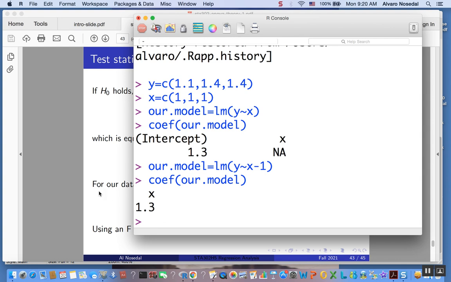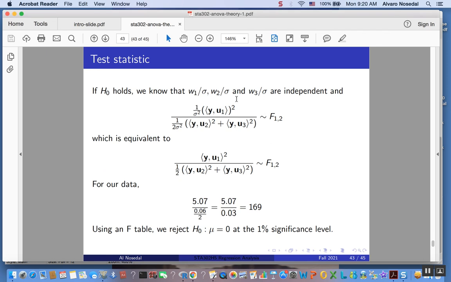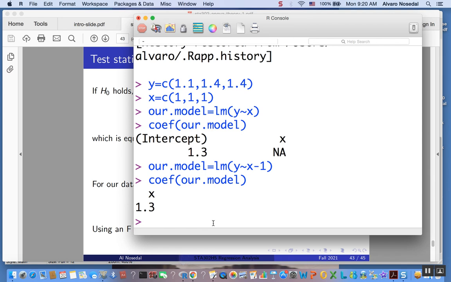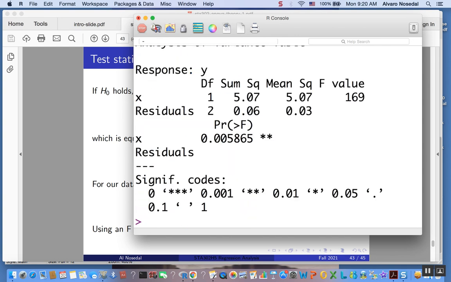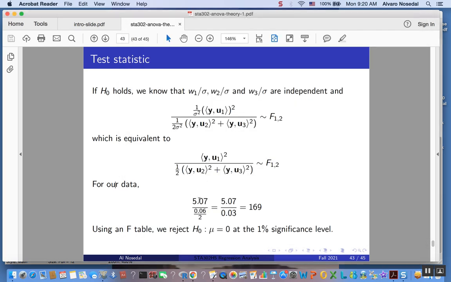So what we wanted to do is try to get something like this using R. Okay? So let's use this new command called anova. Can you see that this 5.07 is here?